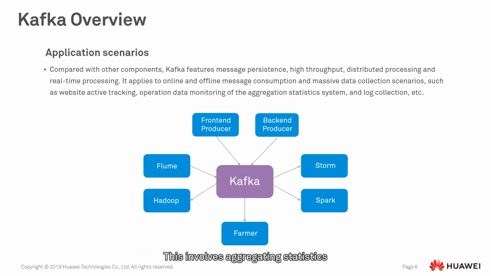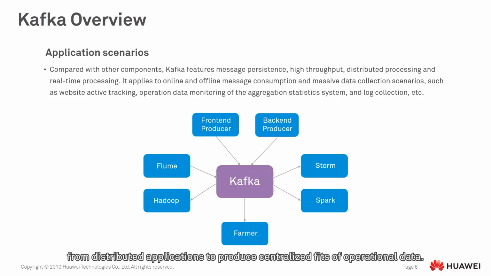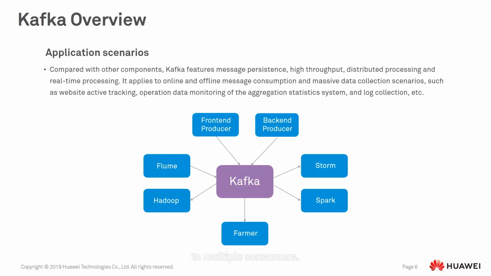This involves aggregating statistics from distributed applications to produce centralized feeds of operational data. It also can be used across an organization to collect logs from multiple services and make them available in a standard format to multiple consumers.